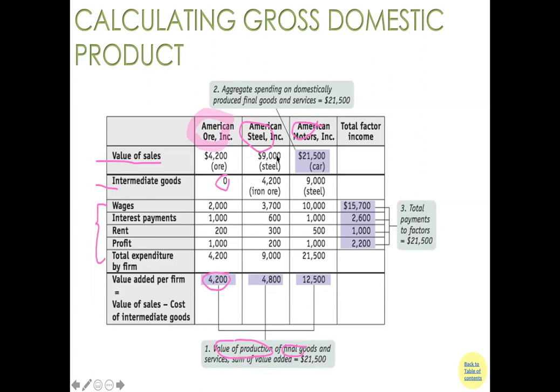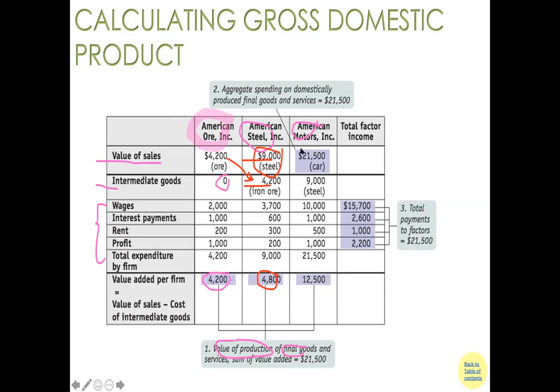Now we can look at the second business. Right? The second business, they produce steel, 9,000. But then they use ore, look at here. So that's the connection. All right. So the ore, what they produce, goes to the production of steel. So hence you have 4,800. So where does that come from? It comes from this 9,000, subtract 4,200, right?